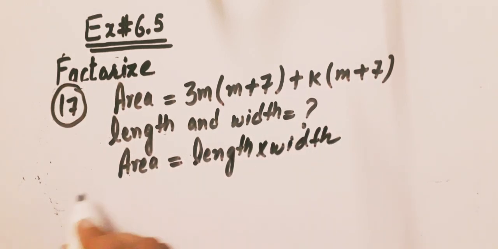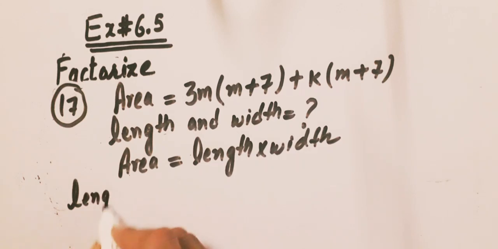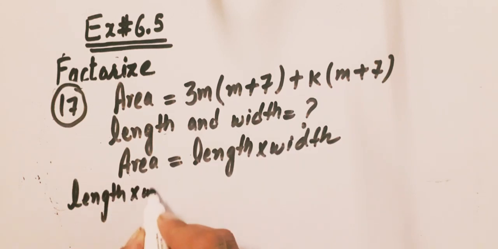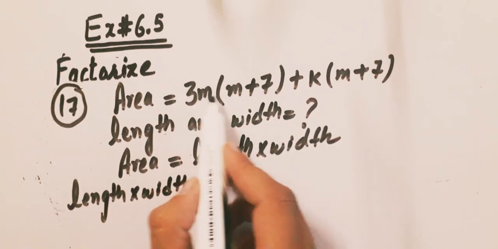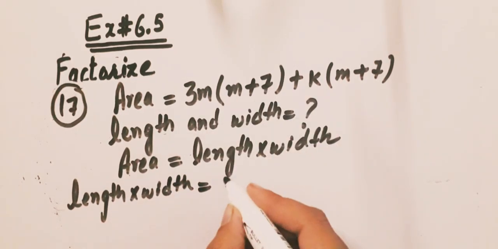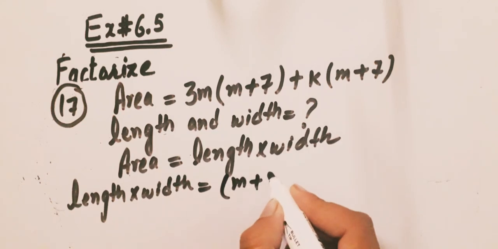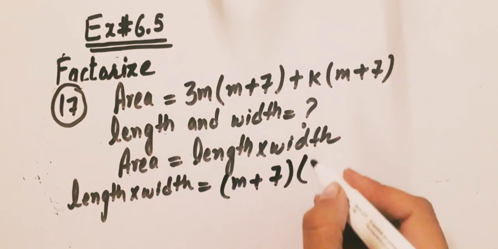So here you have area, you will write length multiply width by solving this. In this equation, you can take m plus 7 as common and remaining is 3m plus k.